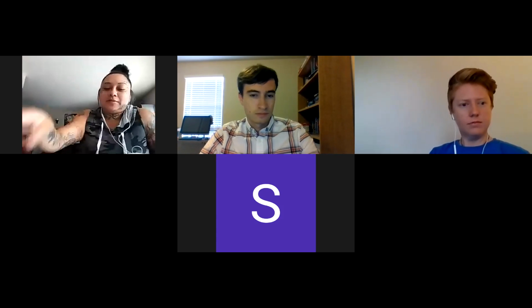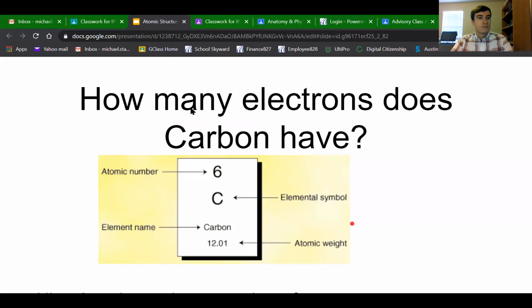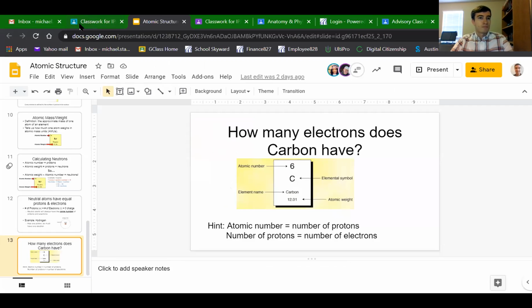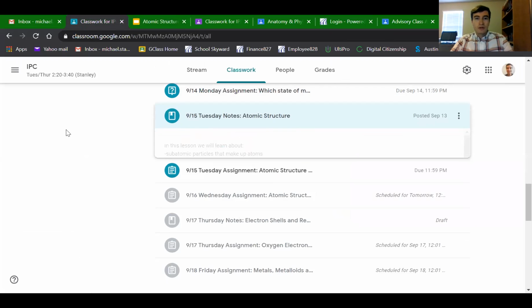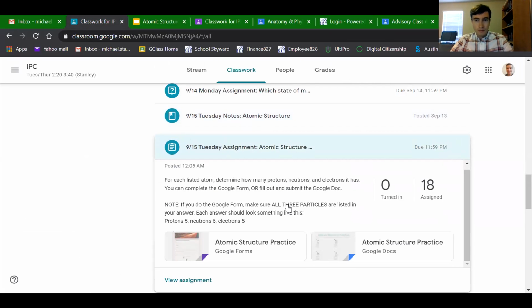Exactly. So on your homework, actually that brings up a good point. Let's go look at that really quick. All right, so the assignment that goes along with these notes is all about figuring out numbers of protons, neutrons, and electrons.